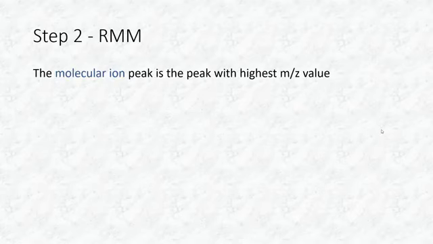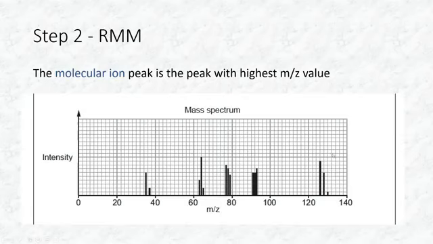Okay, next step was to work out the relative molecular mass. And remember we said that the molecular ion peak is the peak with the highest m/z value. So in our mass spectrum, we can see the m/z values here, and we can see actually there's 3 peaks up at the molecular ion area. And if we're careful, we can work out that these are at 126, 128, and 130.